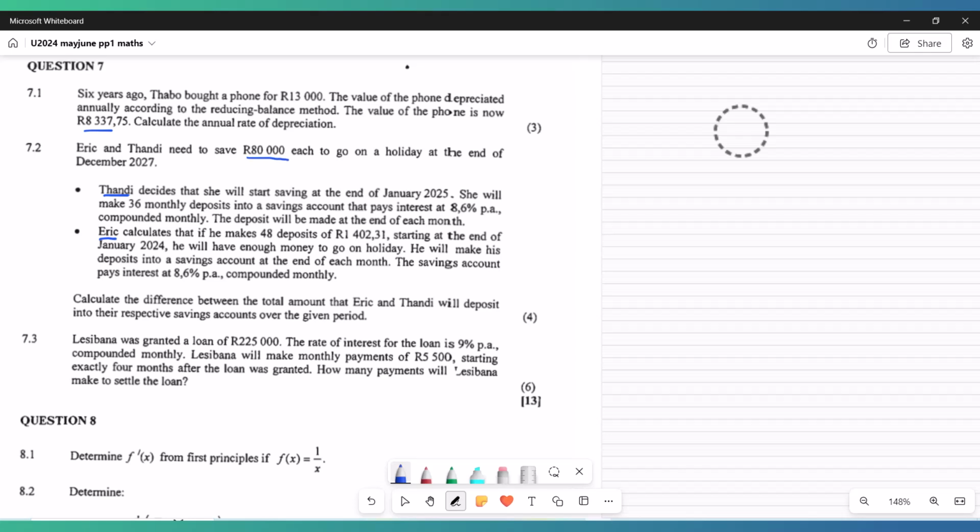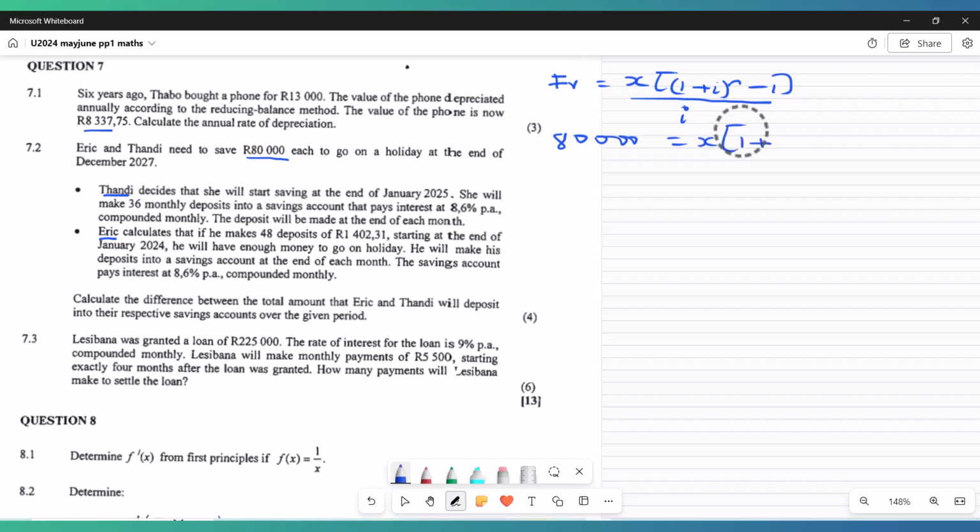So future value is FV equals X, open brackets, 1 plus i to the power n minus 1, divided by i. So here she wants to get 80,000 rands equals X, open brackets, 1 plus i.